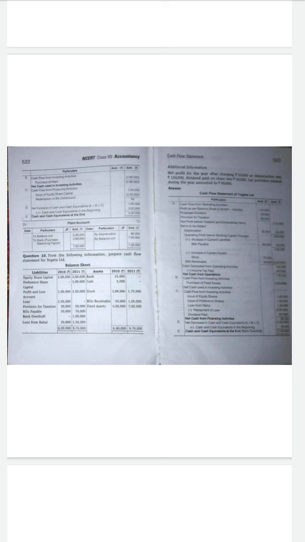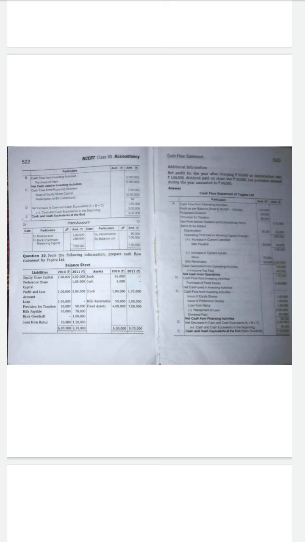Loan from Rahul. So what is the amount of loan from Rahul? And there is a repayment also of loan, that is 2 lakhs. So the loan from Rahul is 1,30,000.